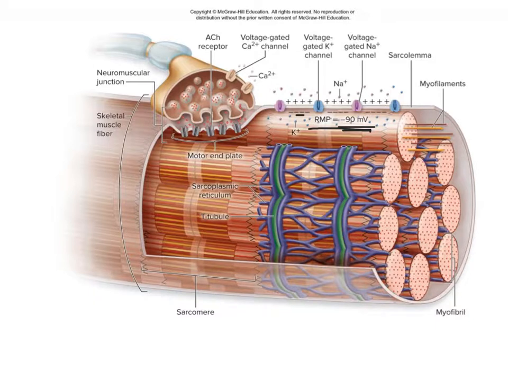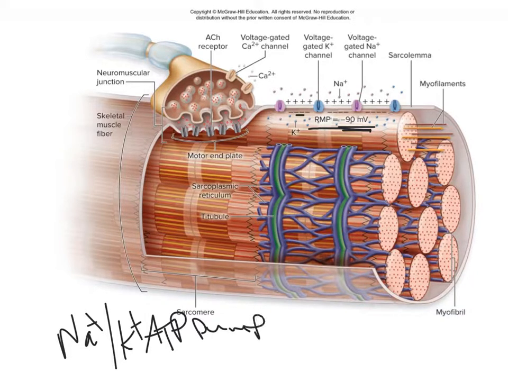And that's due to the sodium-potassium ATP pump, which pumps out 3 sodiums and brings in 2 potassium. Because it does that, it sets up an electrochemical gradient, and you have channels that allow sodium to passively diffuse in and potassium to passively diffuse out.